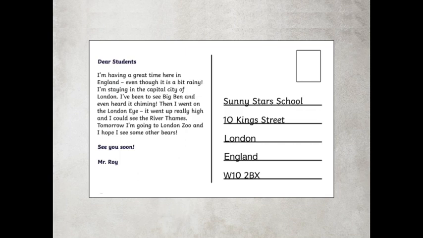I've been to see Big Ben and even heard it chiming. Then I went on the London Eye. It went up really high and I could see the River Thames. Tomorrow I'm going to London Zoo and I hope to see some other bears. See you soon, Mr. Roy.